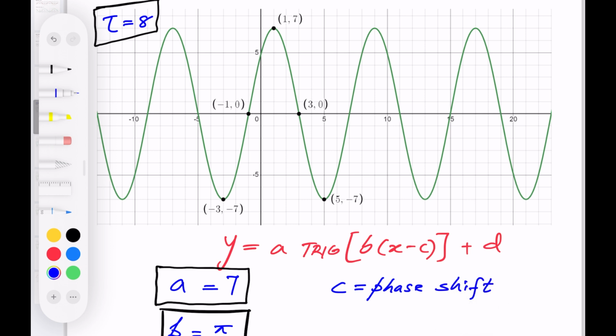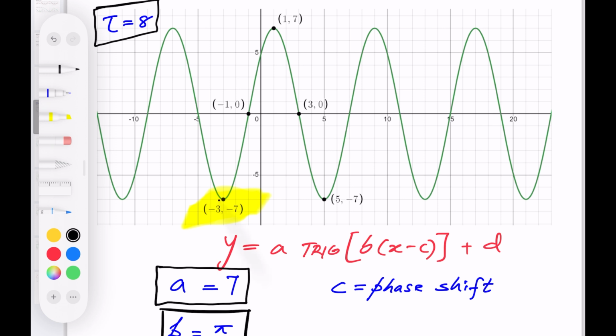Phase shift is the shift of that starting point along the x-axis from the y-axis. So if I selected 1, 7 as the starting point, it is shifted 1 unit to the right. Therefore, c is equal to 1. If I selected the point right here, -3, -7 as the starting point, that point is shifted 3 units to the left.